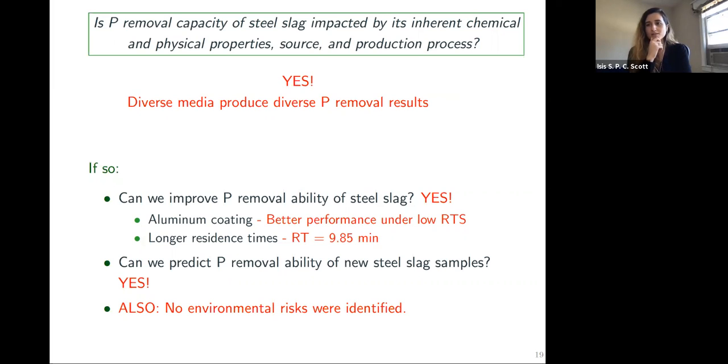Specifically for steel slag, what we saw is that when we use very small particles, we end up with a white cloud. It is basically calcite, but very rapidly it will clog your pipes. So it is not helpful for the longevity of the PSM.